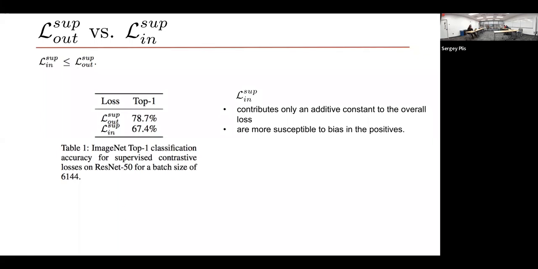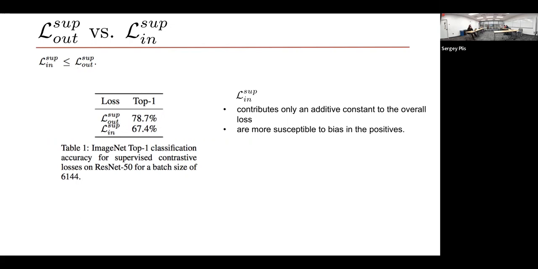And using some inequality, they also showed that for the same batch, the in version of the loss is always less than the out version of the loss.